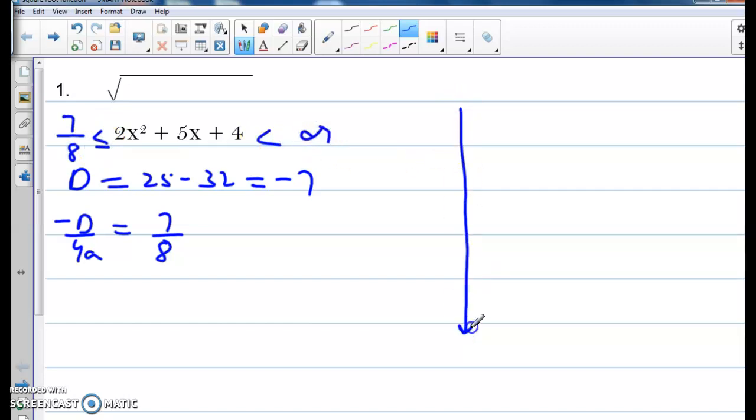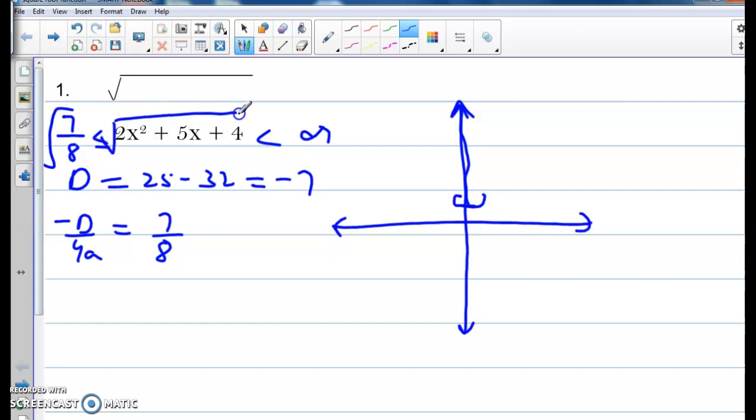Plot this on the graph on the y-axis. 7 by 8 is somewhere here. All are positive numbers up to infinity, so we can take the square root on both sides. Taking the square root on both sides, we get the range as square root of 7 by 8 to infinity.